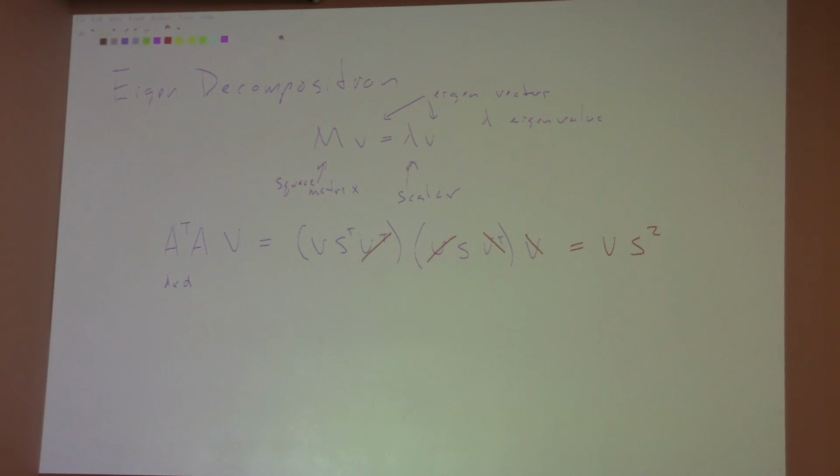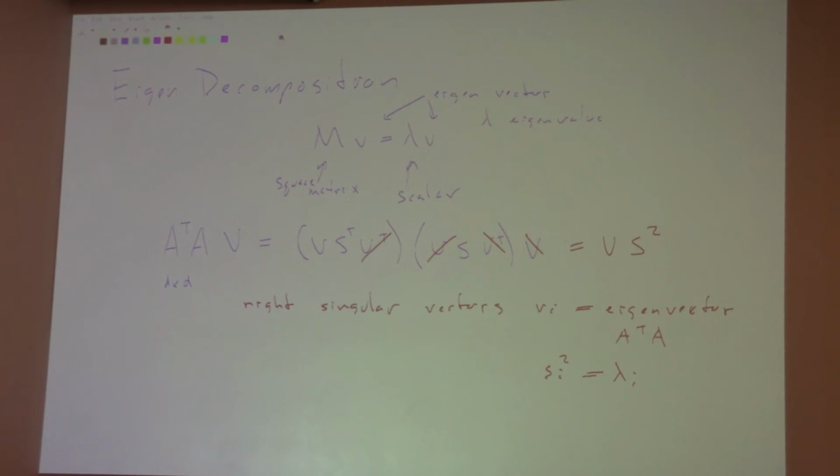So each of the right singular vectors v_i is going to be an eigenvector of A transpose A, and s_i squared, the associated singular value, is going to be equal to the ith eigenvalue of A transpose A.